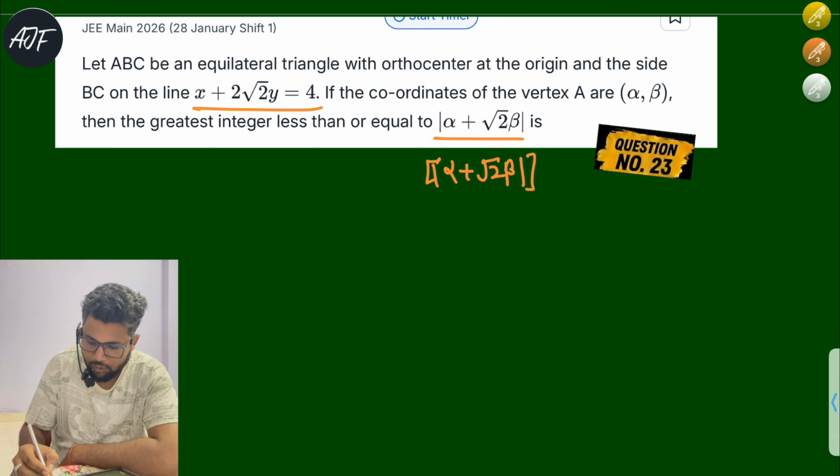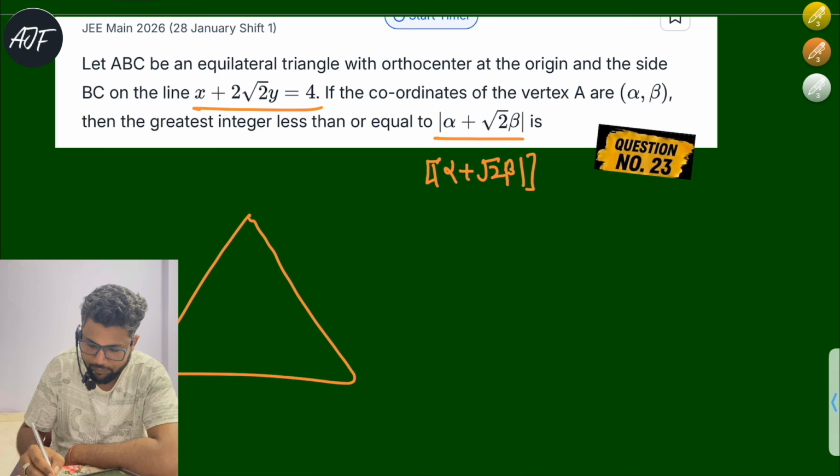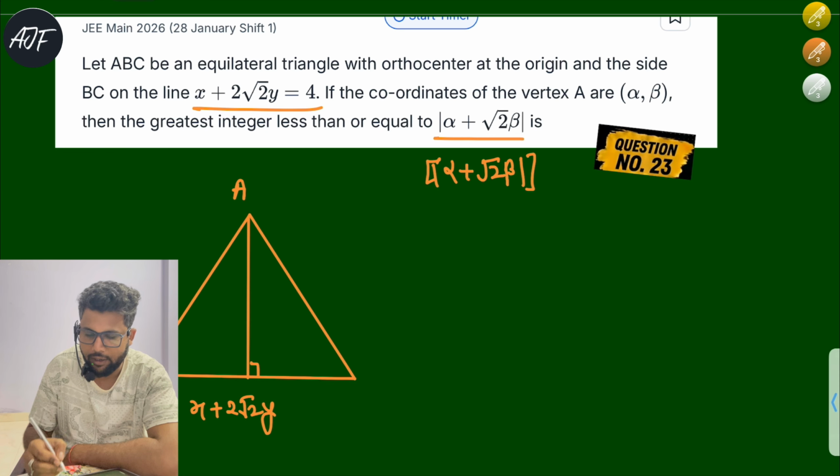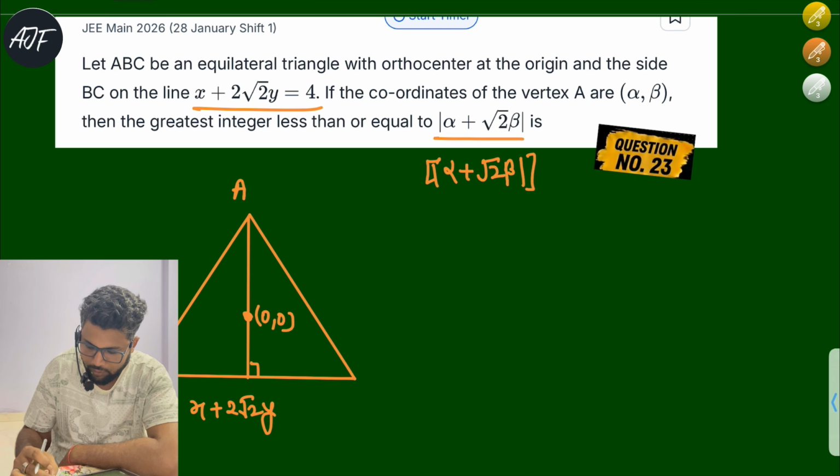Okay, so I'll just start now. Suppose a triangle is given and BC is given as x plus 2 root 2 y equals 4. Perpendicular, altitude, and median are all the same in an equilateral triangle, and the center is also the same. So suppose the center is 0, 0. Can you find the distance from this point to the line? The line is x plus 2 root 2 y minus 4 equals 0.